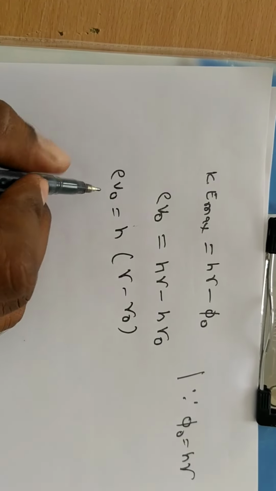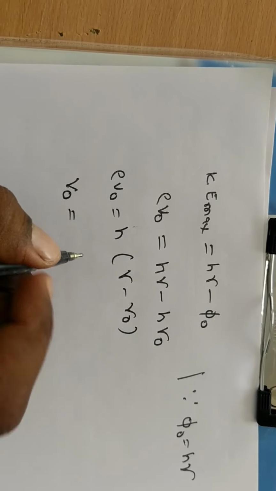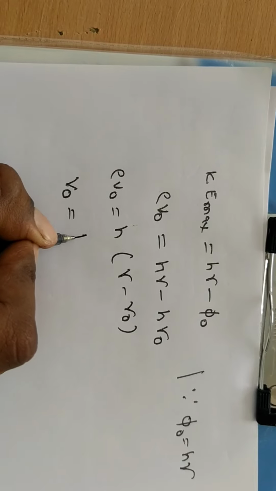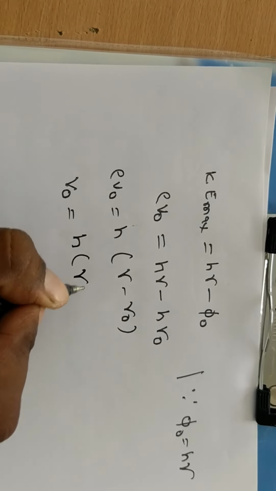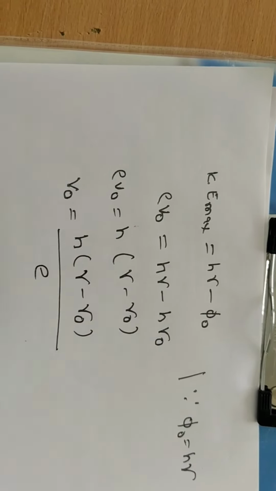We have to find the stopping potential. V naught is equal to h times nu minus nu naught divided by e.